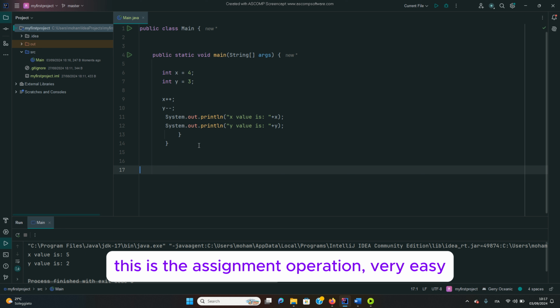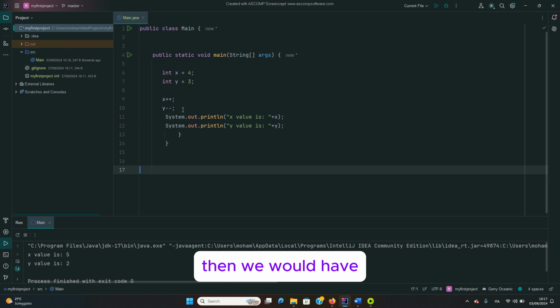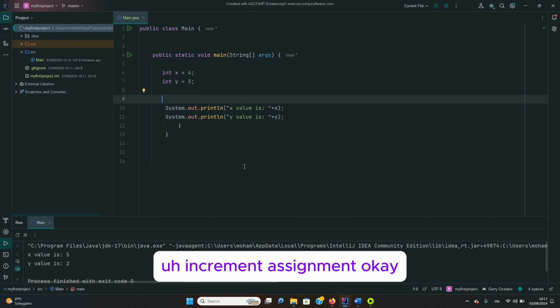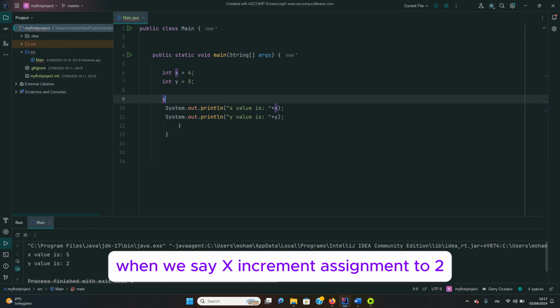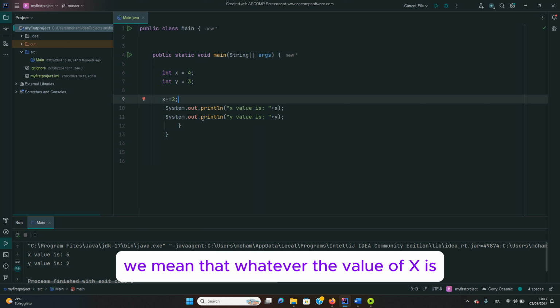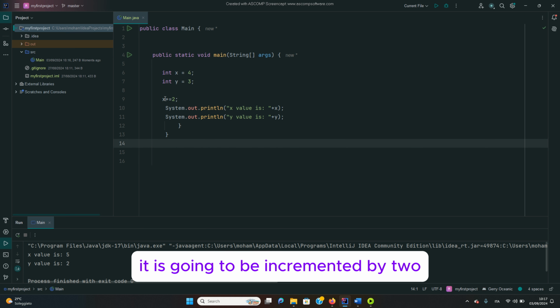Very easy. Then we would have increment assignment. When we say x increment assignment to 2, we mean that whatever the value of x is, it is going to be incremented by 2.